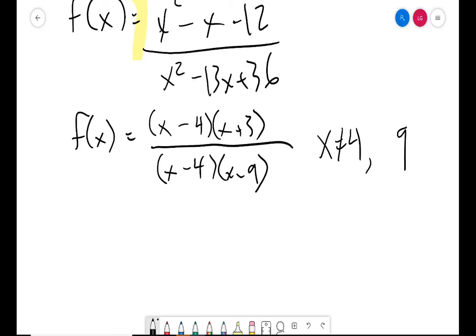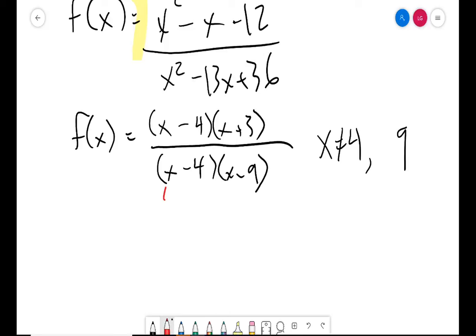And 0 is an output. 0 is an output, but no output is not an output. It's literally not included. So that's the type of thing we're dealing with here, where we can't divide by 0, and therefore if we put 4 or 9 in, it's not that we get 0 out of f, we get absolutely nothing out. In other words, if you try to plug it into your calculator, there's an error.